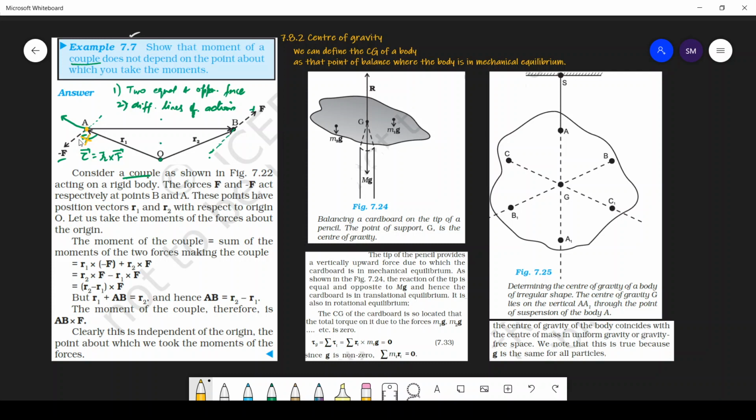Yes, students? Yes, sir. That's the angle that we are going to take. So this is the angle theta here. Of course, this is not the angle that we are going to take.